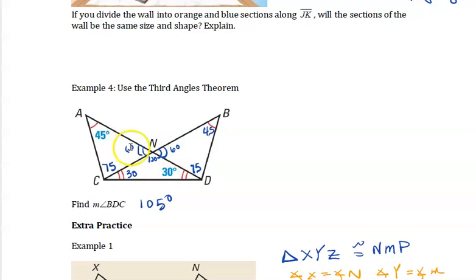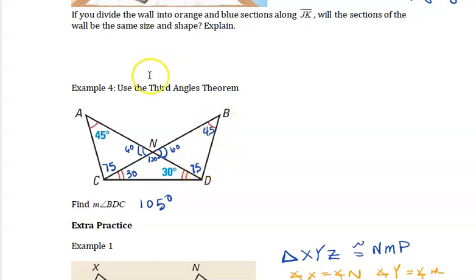I know 2 angles. I know this angle and this angle, and I can figure out this angle by doing subtraction because the 3 angles have to sum to 180. So I'll leave that exercise for you. Because these 2 angles match these 2 angles, I know that this missing angle also has to be 75.